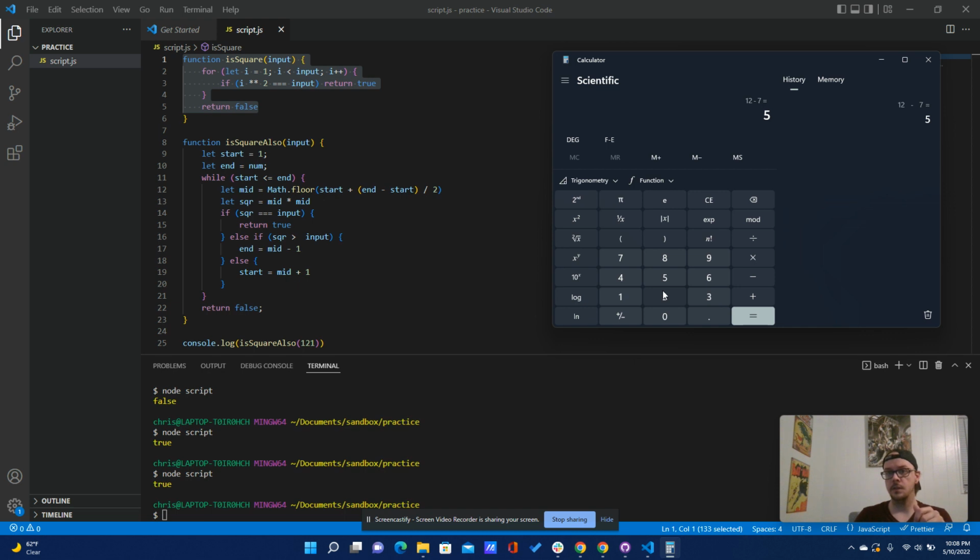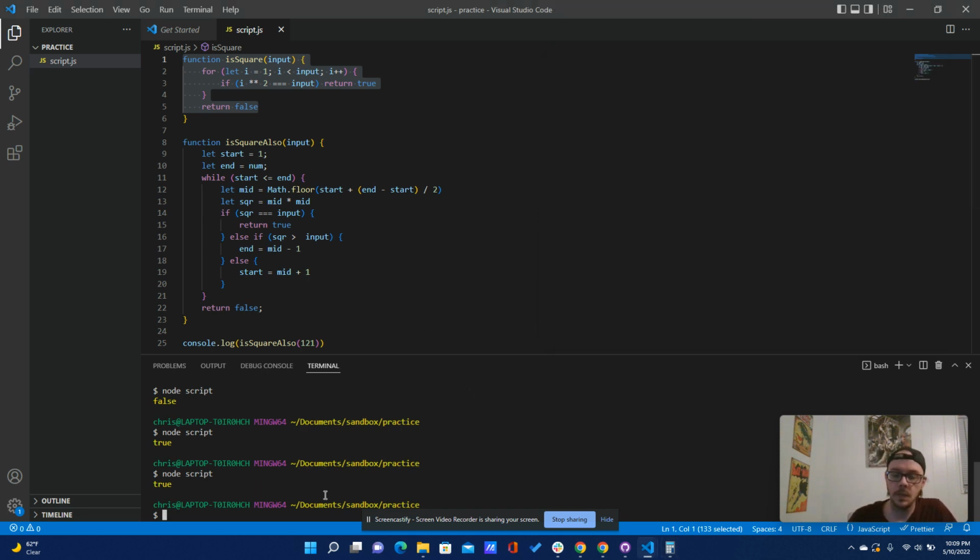In the first instance, we checked 1 through 50. There's a little bit more computation going on under the hood, but overall, log n compared to n. At most log n.